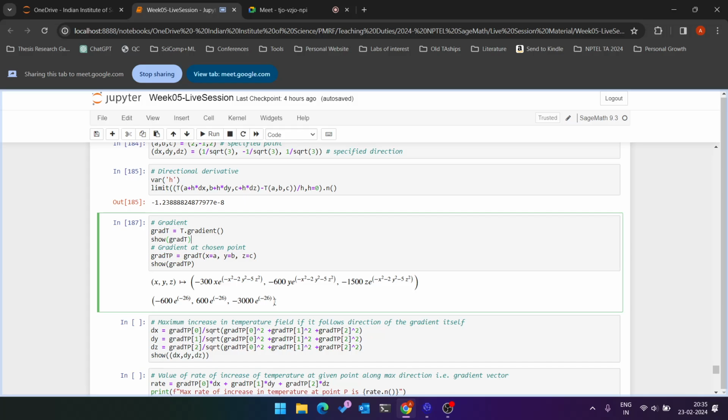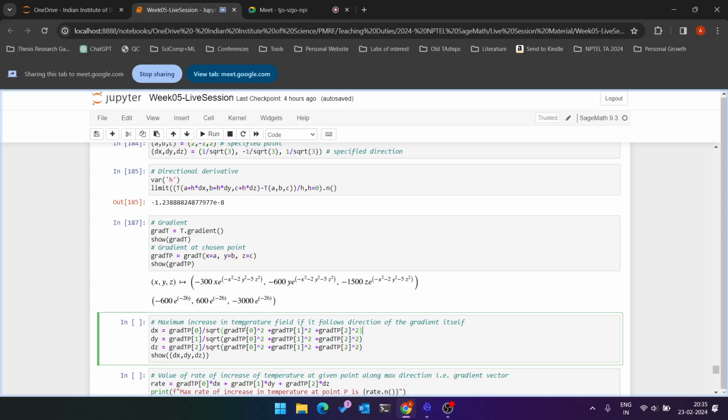So the maximum increase in the temperature field will happen if we follow the direction of the gradient itself. This is also a principle that is used in optimization.